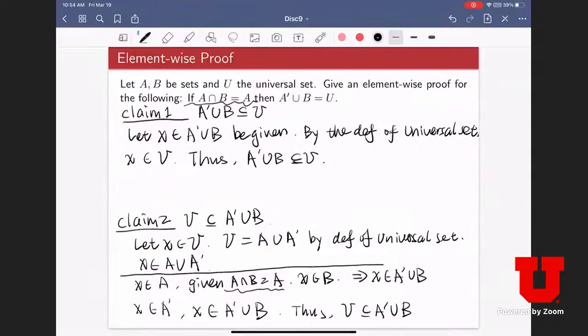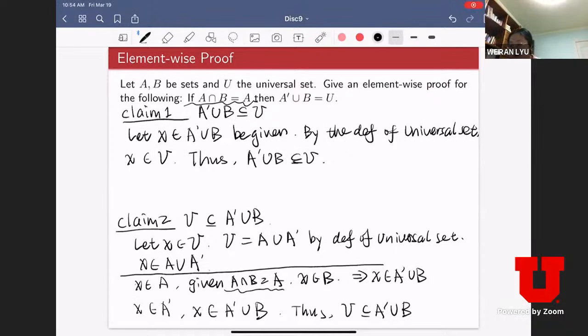And thus the universal set is a subset of the union of A complement and B.